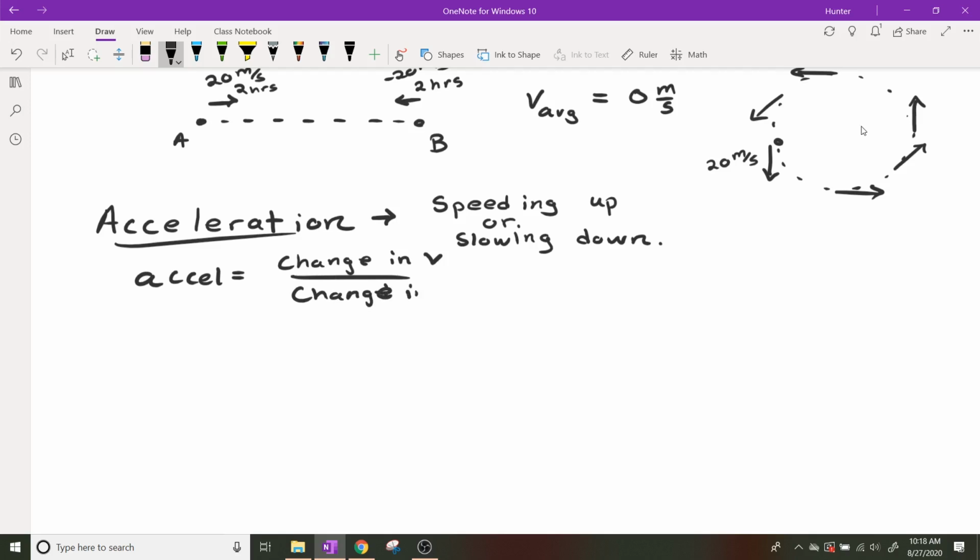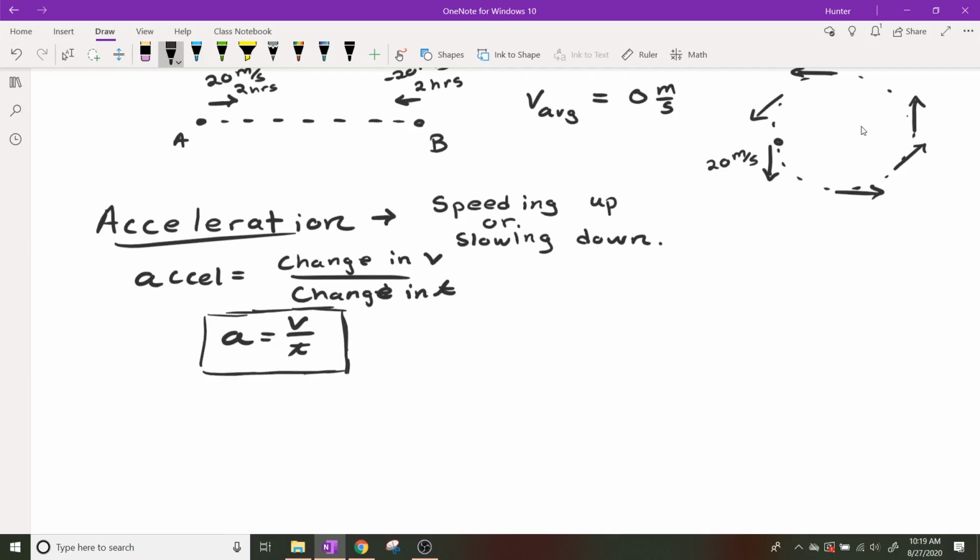What I normally write is a equals v over t. Okay, but this formula is a little bit limited because you don't have any information about where you started. So in acceleration equals velocity over time, if you can use it and get away with it, that's perfectly fine.